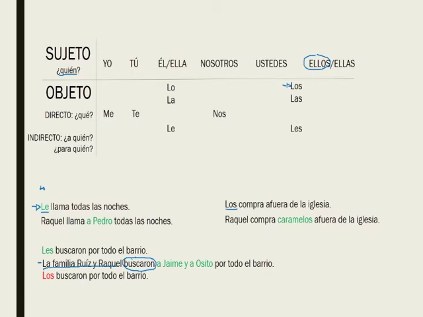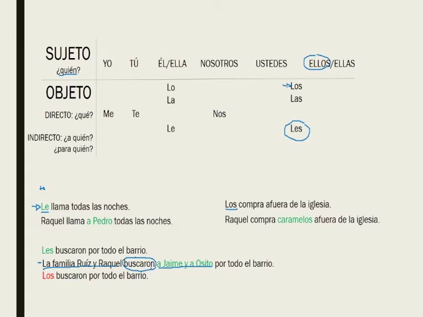Now, if I ask my verb, what did they look for? Well, actually, they were not looking for a thing. They were looking for a who, or for a plural who, a Jaime and Osito. So, technically and grammatically correct, the object pronoun we would like to use would be les. This is correct. ¿A quién? ¿Para quién?